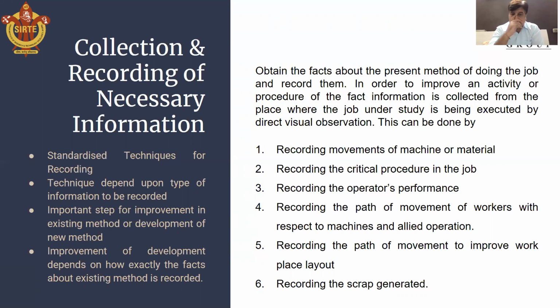This can be done by recording the movement of the machine or material, recording the critical procedure in the job, recording the operator's performance, recording the path of movement of the workers with respect to the machine and allied operation, recording the path of movement to improve workplace layout, and recording the scrap generated.